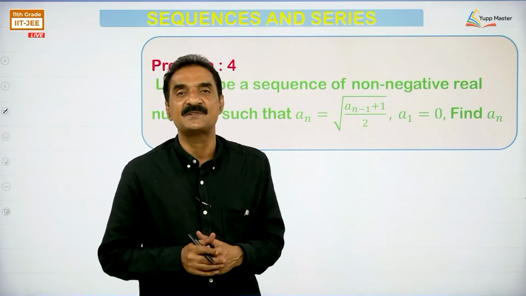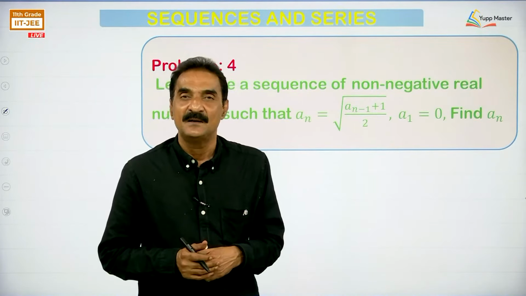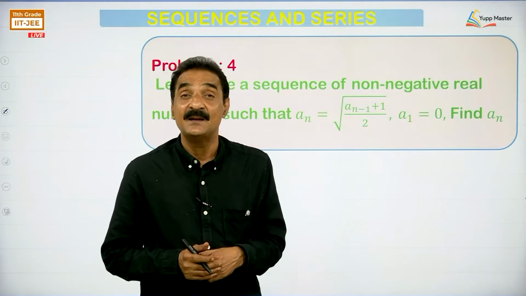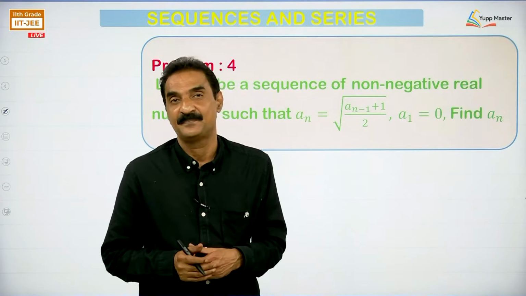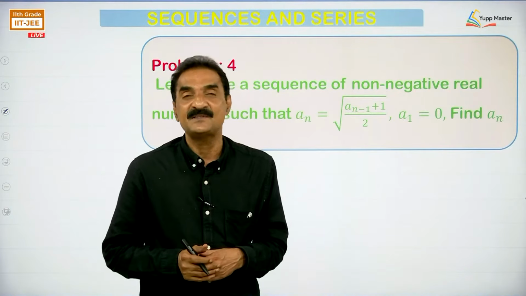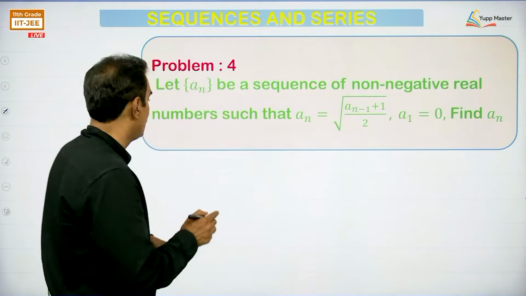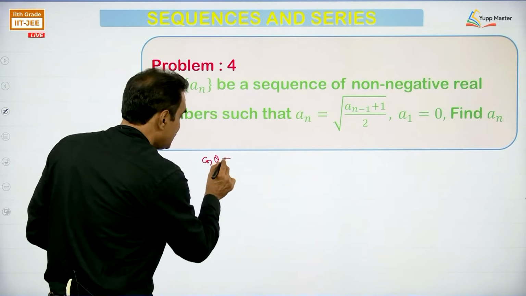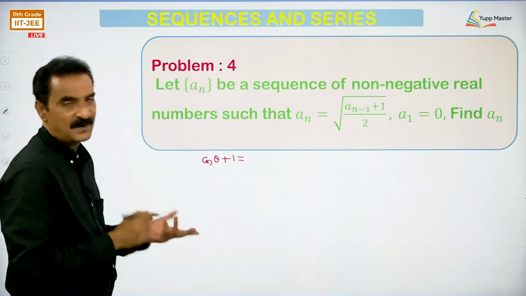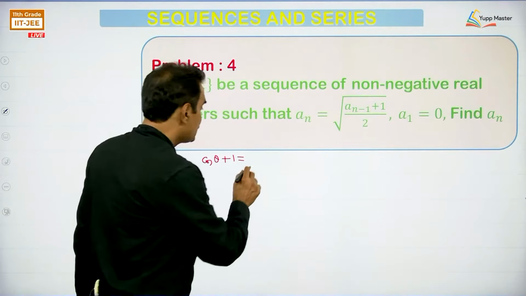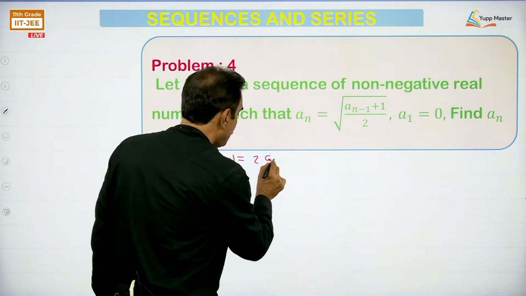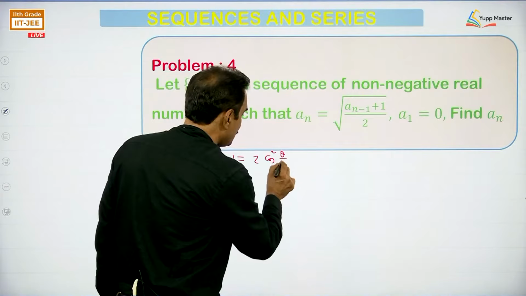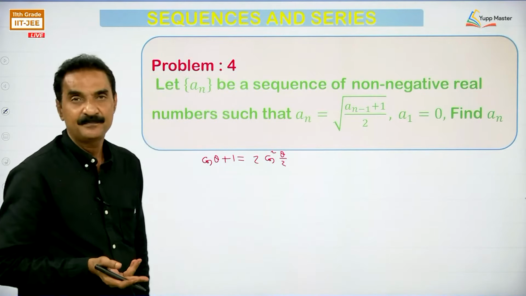What substitution? If you closely observe the relation between an and an minus 1, it looks like a formula. We have already discussed that formula in the previous classes in trigonometry. Okay. What is that formula? We know that cos theta plus 1, or 1 plus cos theta, is 2 cos square theta by 2. All of you are aware of this formula.